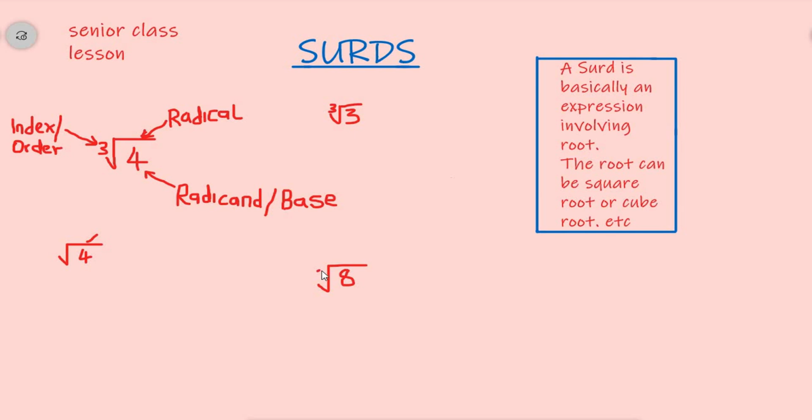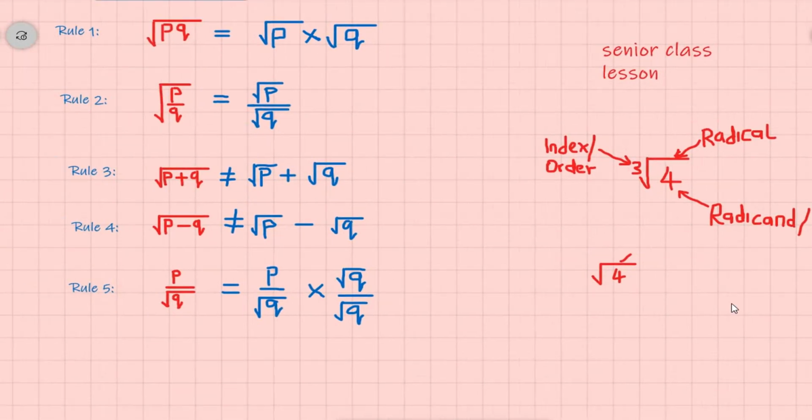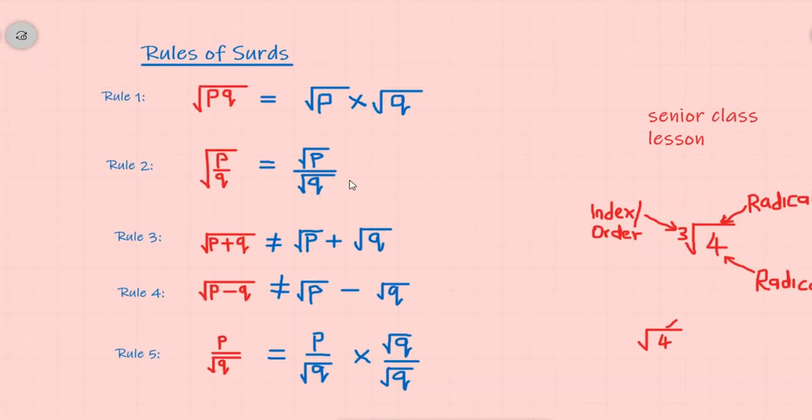Square root normally has this 2 at the back invisible. We don't usually put 2 there. So instead we just write something like this. It can be 16. We just say square root of 16, and you find it. So if it's not going to be a square root, they will indicate by writing the type of root it is.